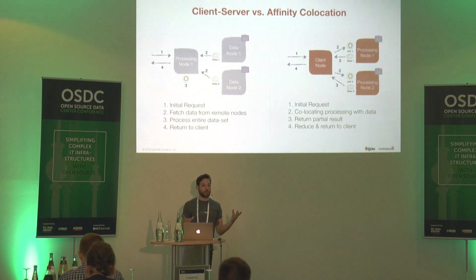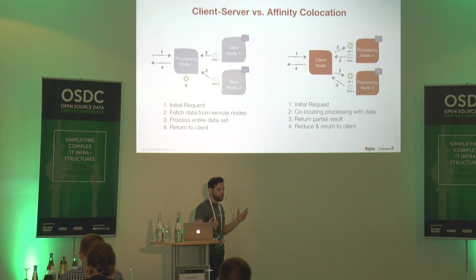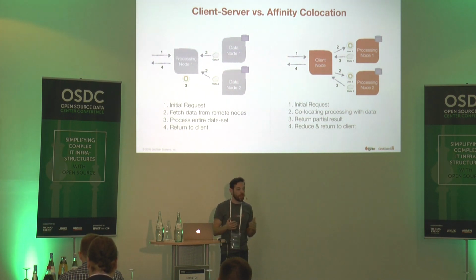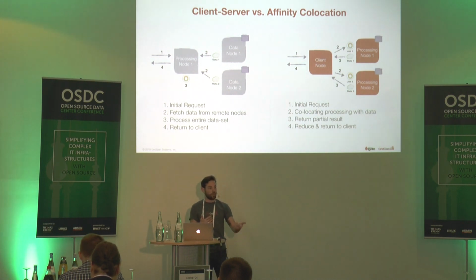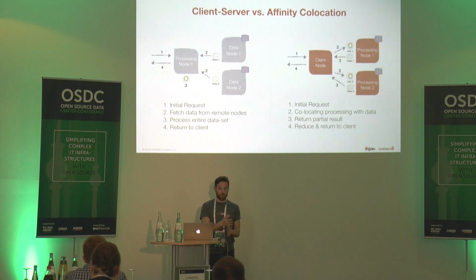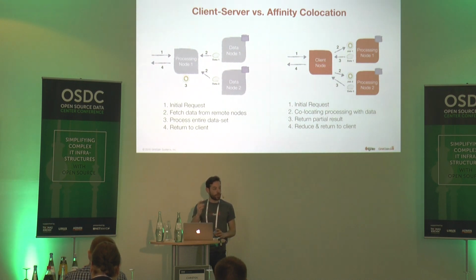So it could be, for example, a change operation. Imagine I want to increase someone's salary or benefits by X amount. Usually you would have to read that, change it, and then write it again. What you can do is create a closure or a task or a job or a Java executable and broadcast that to all the servers. Each server will perform that operation on the subset of the data it's holding, and then give you the result back.